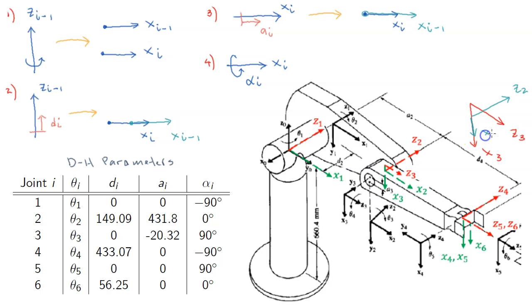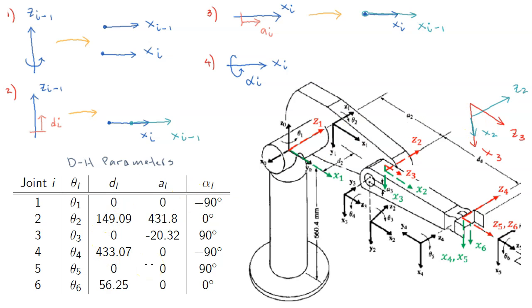So this is my X2. Okay. Next, now we can find D3. How much do I have to translate coordinate frame 2 in Z2 to make X2 and X3 be on the same line? Okay, they are already on the same line, so I don't have to translate this coordinate frame in Z2. So D3 is 0. Okay.